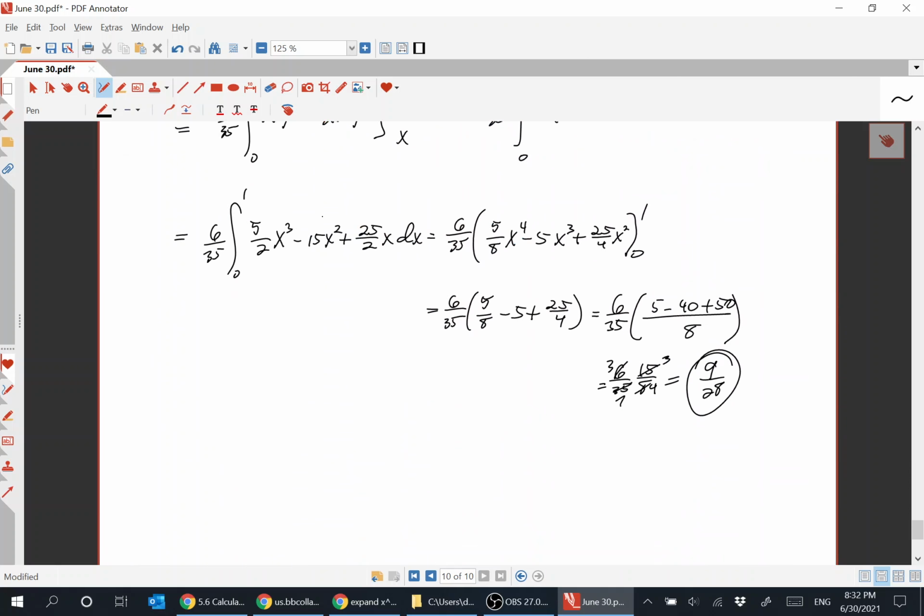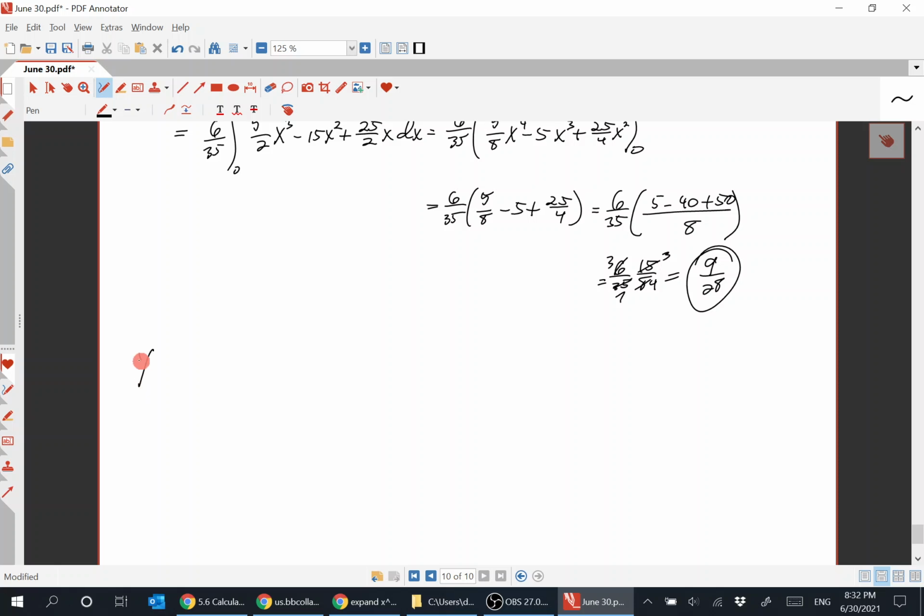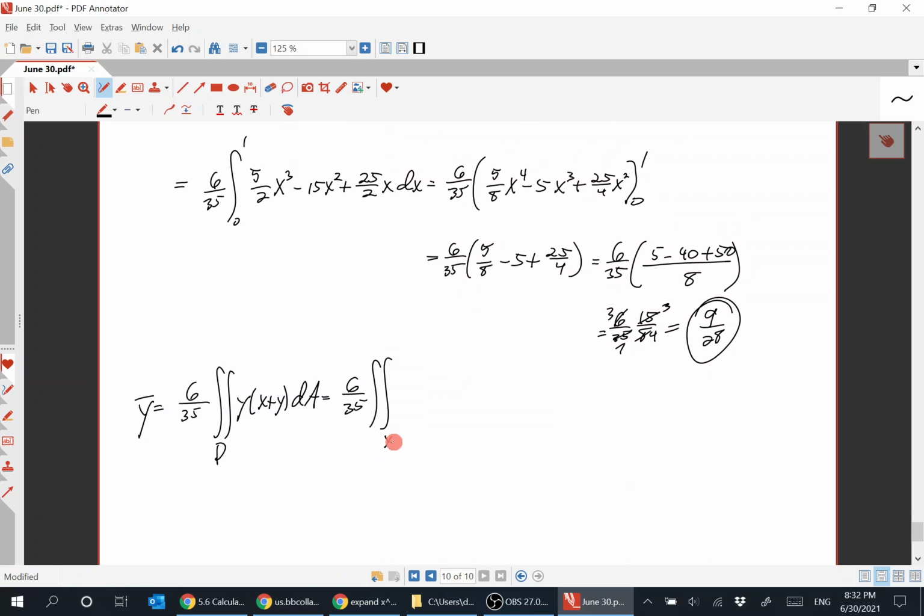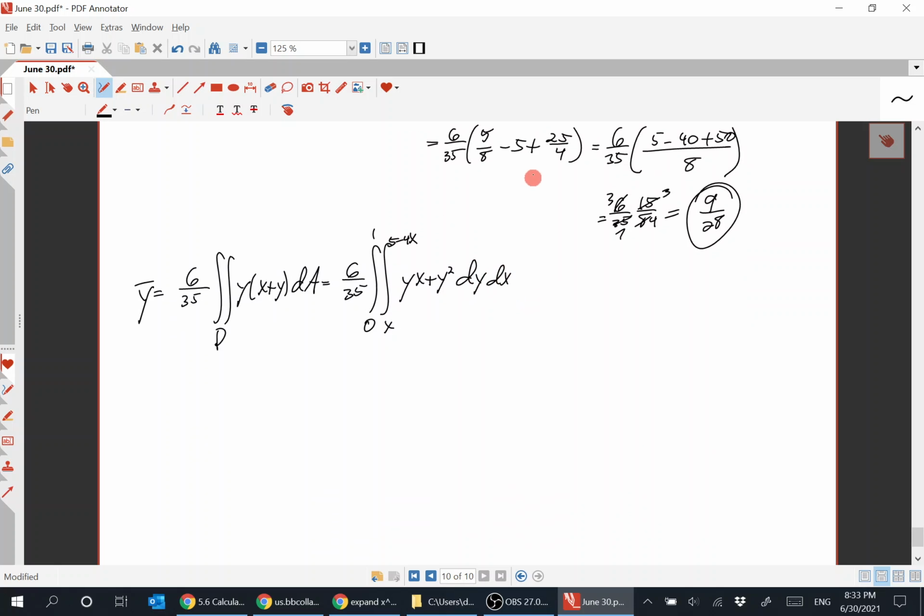So then the y bar, hopefully this one's a little nicer, is 1 over the mass, double integral over D, y times x plus y dA. So 6 over 35, and again, this is x times 5 minus 4x, then 0 to 1, of yx plus y squared dy dx.